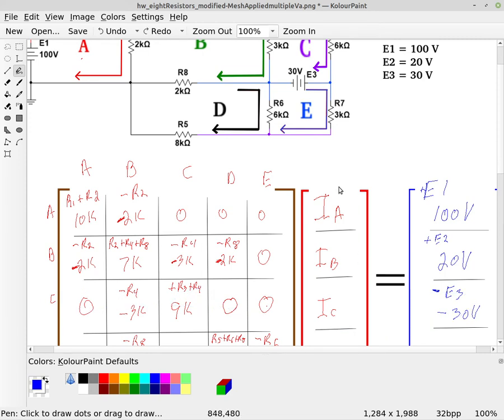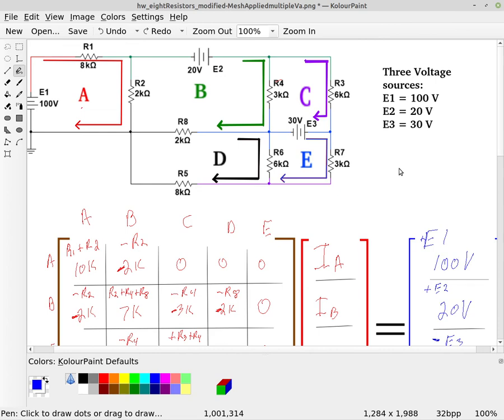Now, I didn't put one in here, but let's just say that we had a second voltage source up here that was, say, 10 volts or something, but it's pushing clockwise in loop C. Well, if that was the case, call this one E4. E4 is opposing E3, so our voltage would be E4 minus E3, because E3 is going in the opposite direction of our loop current.